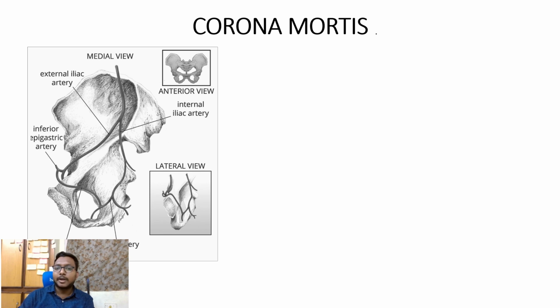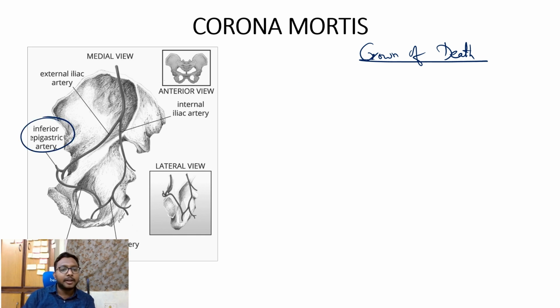Now coming to an important thing called corona mortis or crown of death. This is nothing but an anomalous anastomosis present between inferior epigastric artery and obturator artery. Obturator artery is a branch of anterior division of internal iliac artery.